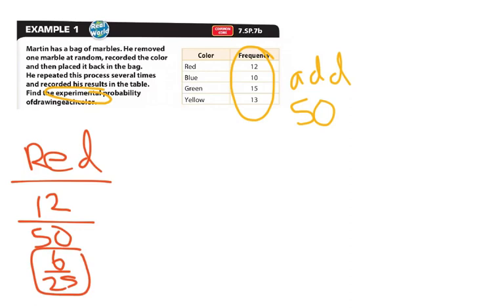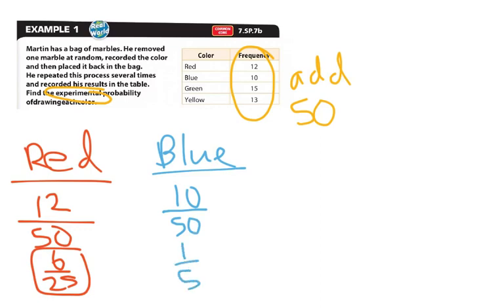That's the experimental probability. Let's try it again with blue this time. So blue occurred 10 times, and there were 50 trials, 50 events, and so that gives us 1/5. So again, just make sure you reduce the fraction as far as it can go.